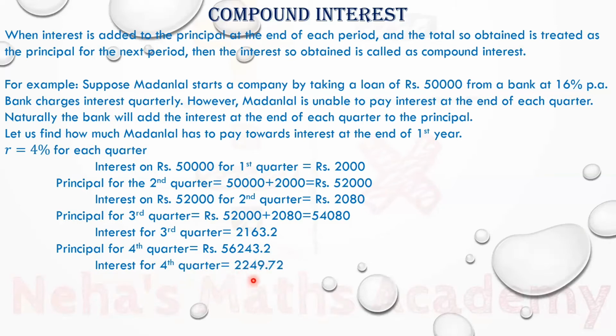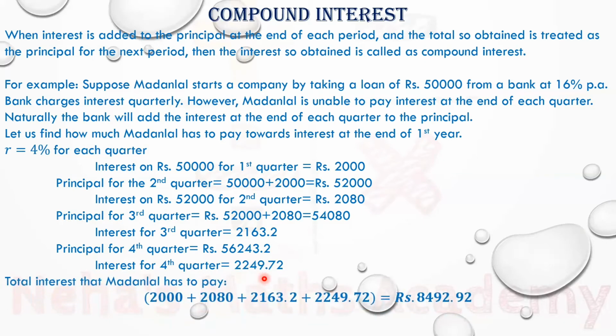It is 2,249.72. So the total interest that Madan Lal has to pay is the addition of all the interests, 2000 plus 2080 plus 2163.2 plus 2249.72. That is equal to rupees 8492.2.